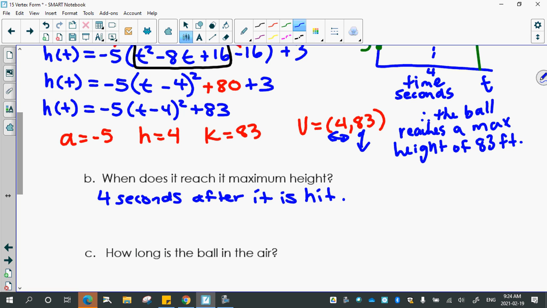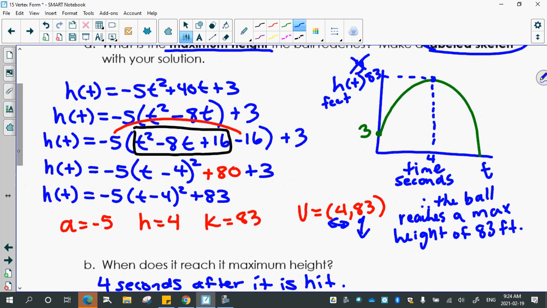Okay, how long is the ball in the air? So if you look at the graph, I hit the ball, and then it goes up, and then it goes down. It wants to know how much time has passed between hitting it off the dock and it landing in the water. It wants to know how much time that is. Yep.